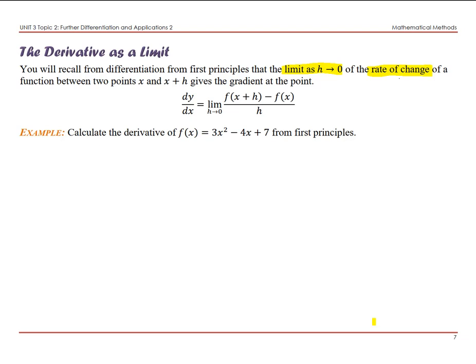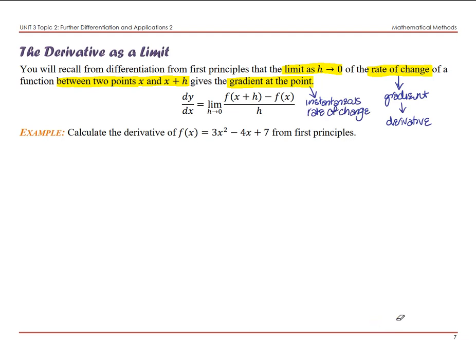Now remember, whenever you see the words rate of change, you need to think gradient and then derivative. Okay, of a function between 2 points, x and x plus h, gives the gradient at the point. So this was when we were looking at even instantaneous rate of change.